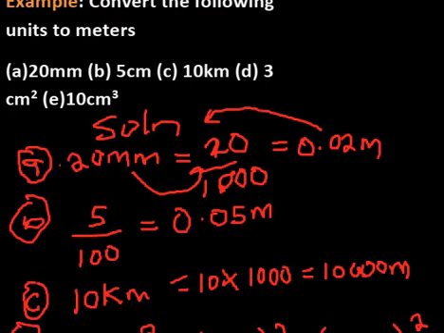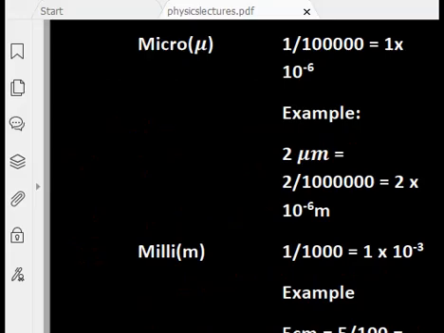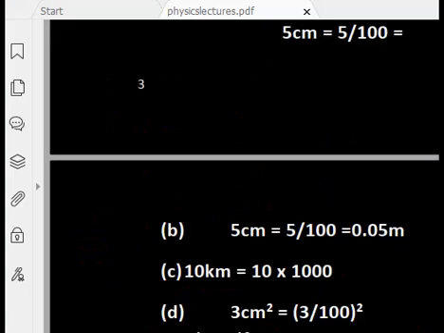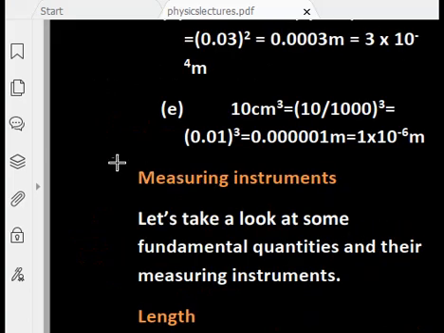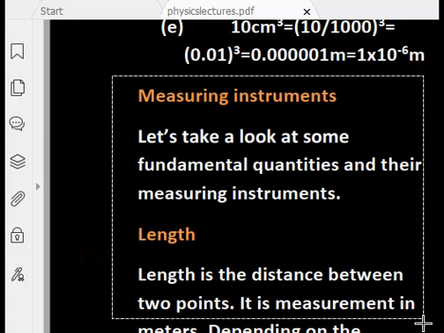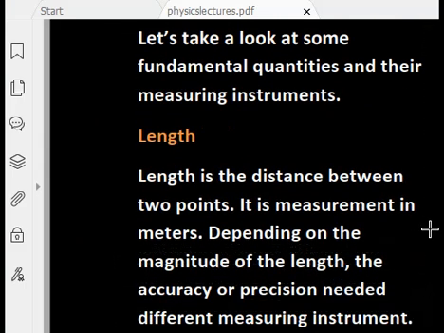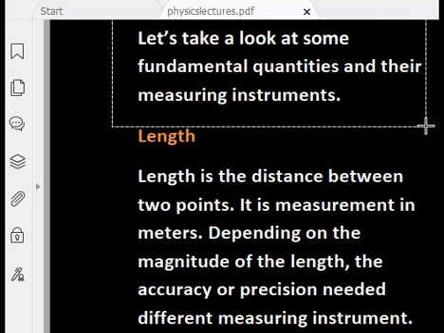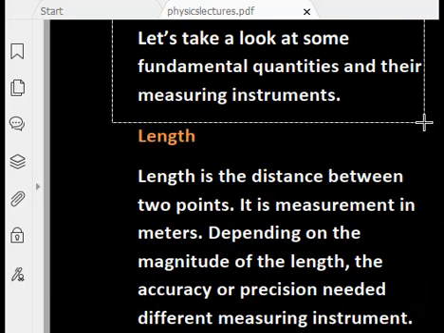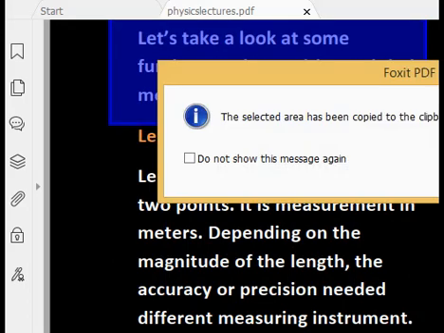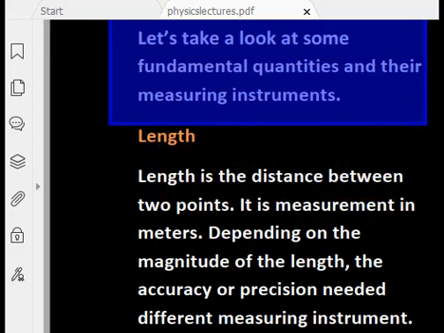Okay, let's proceed to the next topic. Having learned the measurement quantities, the fundamental and derived quantities, and the dimension, we are going to go straight to the measuring instrument.